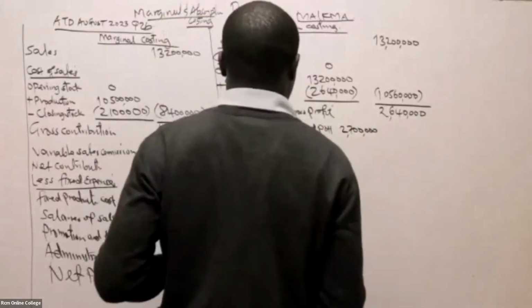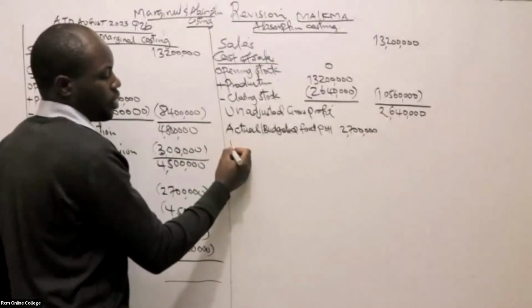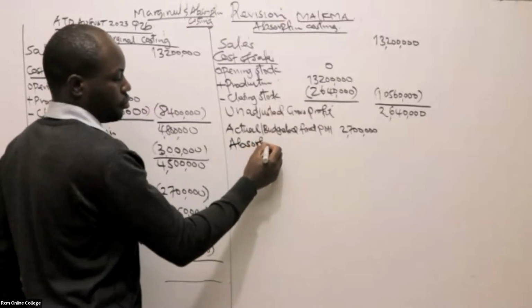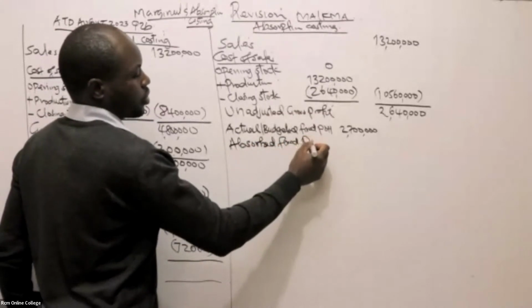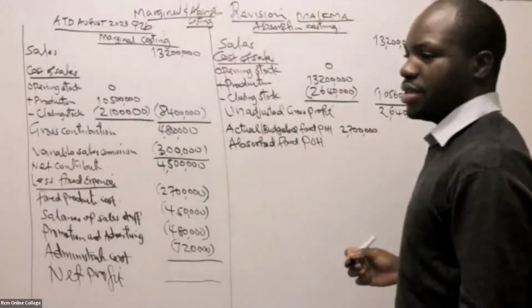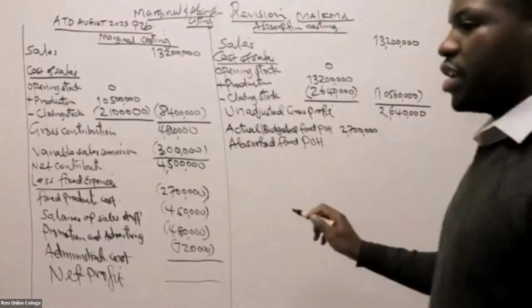Then under that, we compare it with the fixed production overheads absorbed. Again, it is in this class that we talked about the overhead absorption rate.